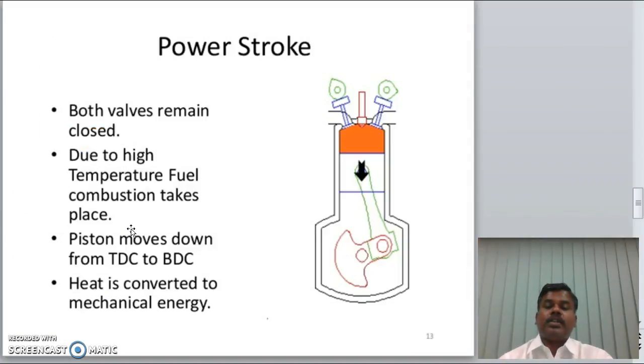The next stroke is an important stroke, which is the power stroke. In the case of a petrol engine, we know that the air-fuel mixture is compressed and a spark is produced. But in this case, both valves are closed. As in the petrol engine, the diesel engine has two valves, an inlet valve and an exhaust valve.